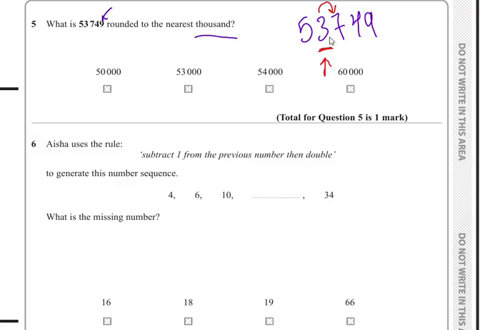It's a 7. The 7 is more than 5, so I add 1 here, which means it becomes 54. Now what about the others here? I put zeros in their place. Because I have three numbers here, I put 3 zeros. So here's the answer.